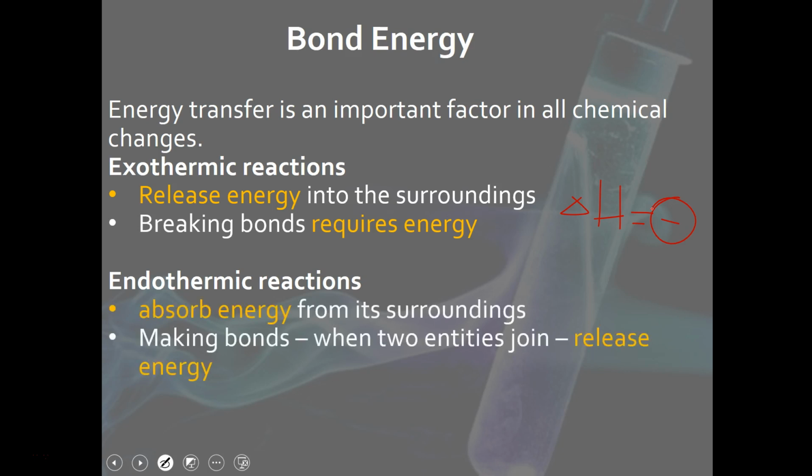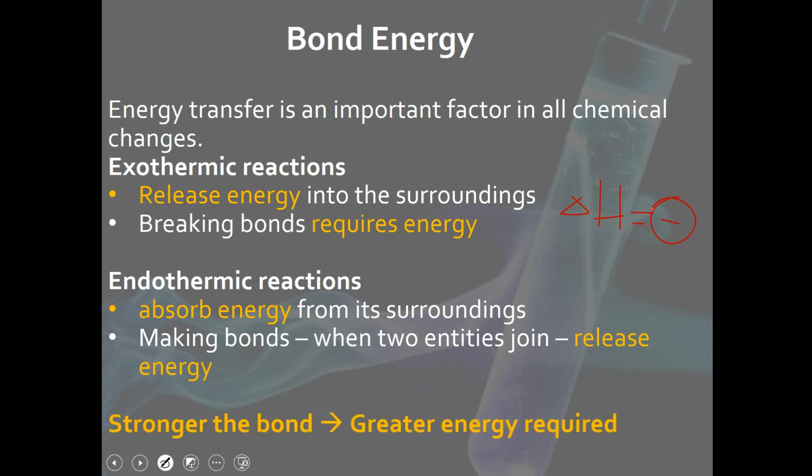Product, right. All right, so endothermic reactions, again, you already know this. Endothermic reactions have to absorb energy, and so the making of substances in an endothermic reaction is going to require more energy when we're creating the bonds.